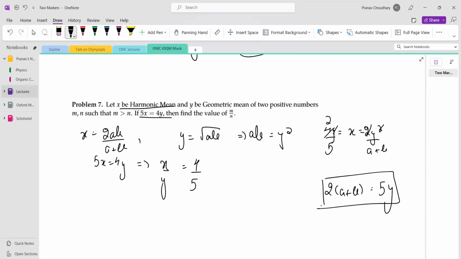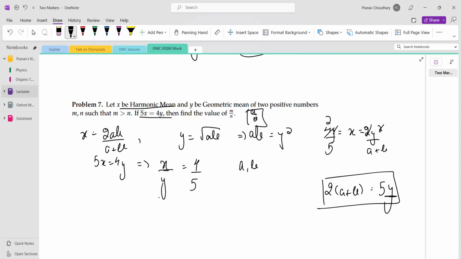I cannot directly proceed with this, as I do not have more information about y. All the information I have, I have used. So you would possibly want to write an equation which involves only a and b, because you want to find a by b. If you find an equation which involves only a and b, then you can manipulate it by dividing by b or something like that to get a by b.